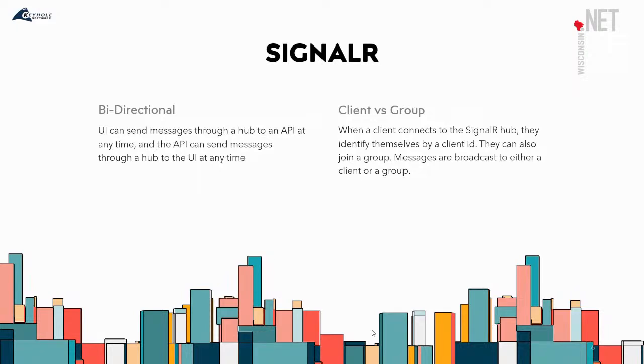So we looked at a couple different options, and the one that we ultimately landed on was SignalR. If you don't know what SignalR is, the best way to describe it is a bidirectional socket that you can have between two different parties. Notice, I used very specific wording there because it's not always a client and a server.